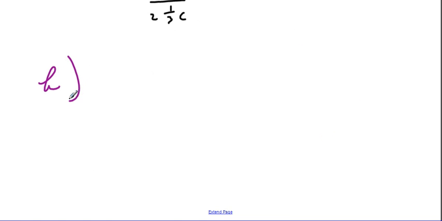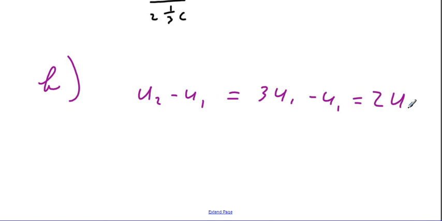So B, how much work is done to store the energy? So U2 minus U1. The work is going to be the difference in energy. So U2 is 3U1 minus U1, which is going to be 2U1.